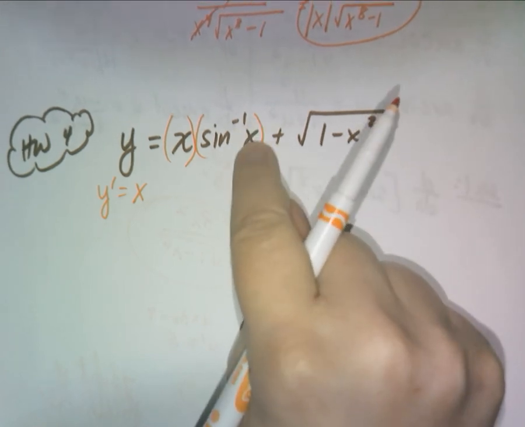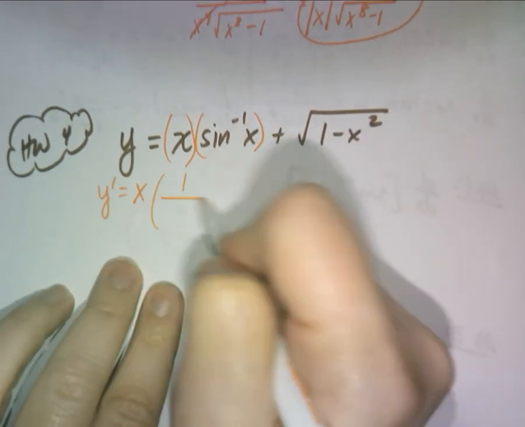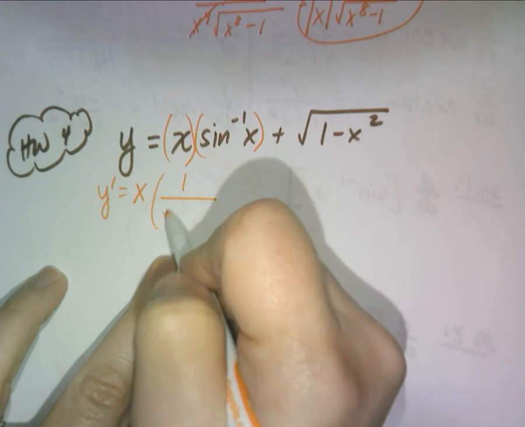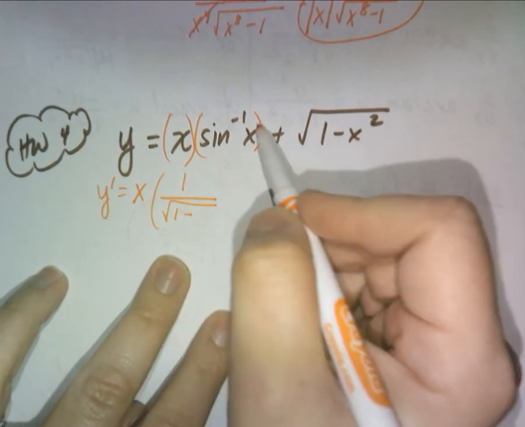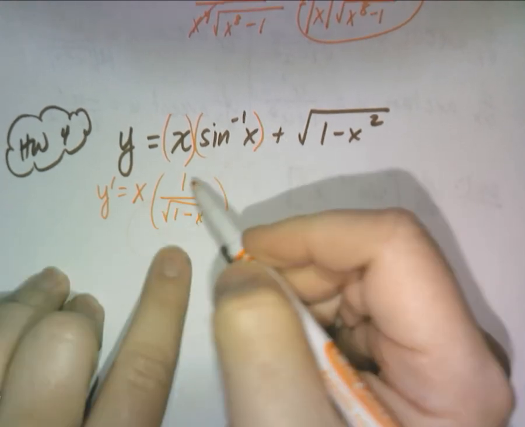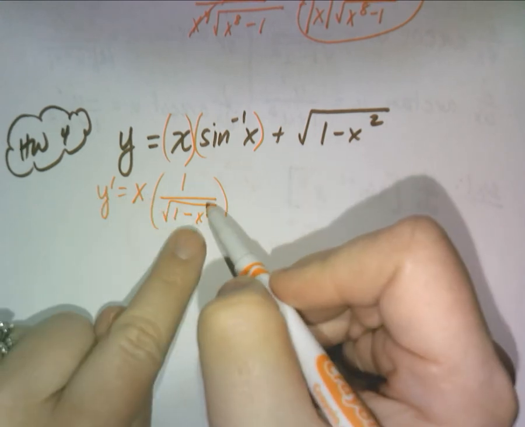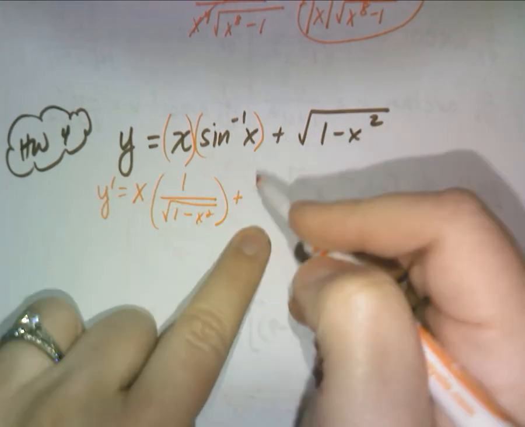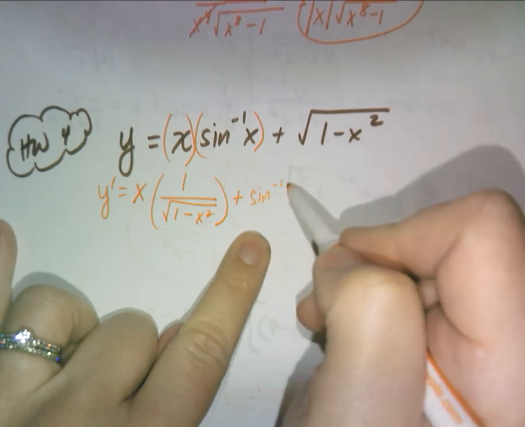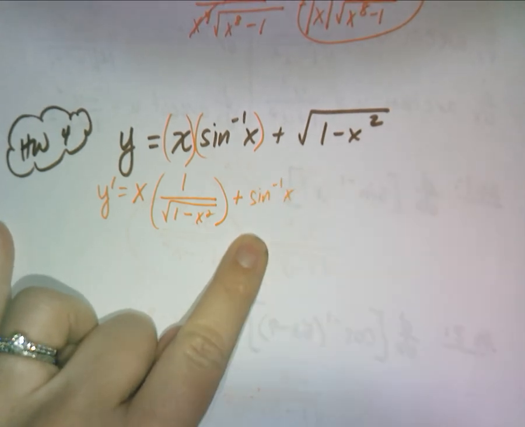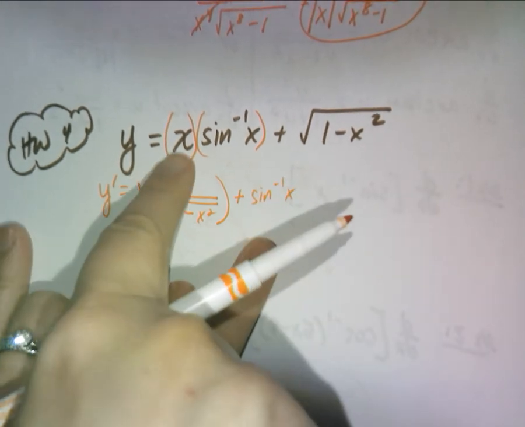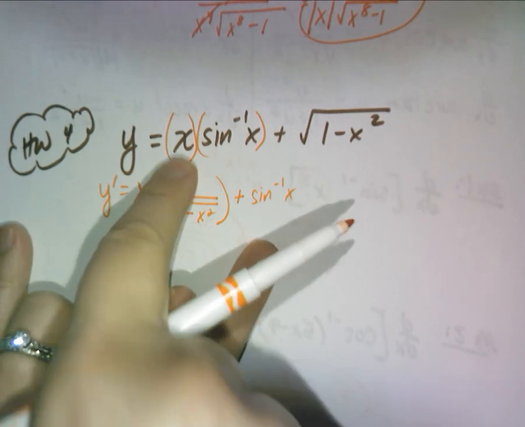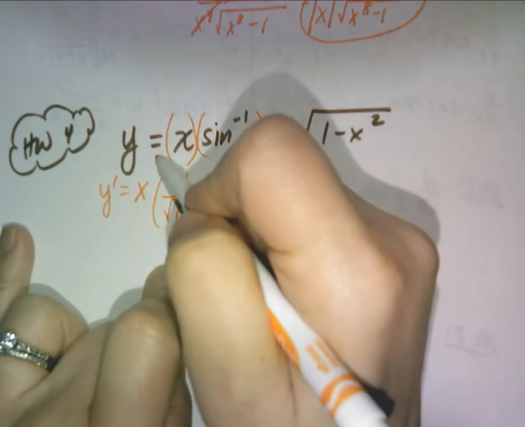What's the derivative of inverse sine x? 1 over square root of 1 minus your u, x squared. Okay, so that's the first times the derivative of the second plus, we're still not done because we're doing product rule. Second, leave it like that. Yes, leave it like that. Times the derivative of the first. What's the derivative of x? 1. Okay, this right here is just the derivative of that.